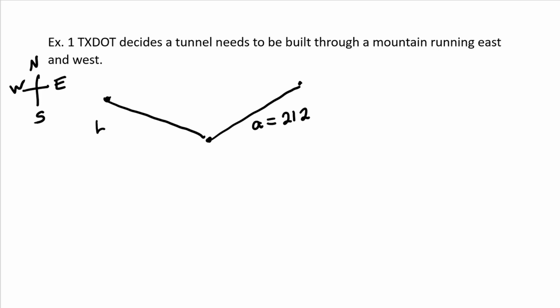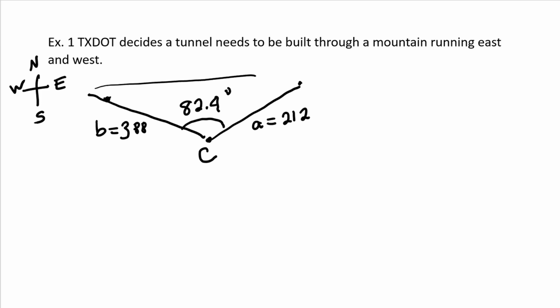Going west, we'll call that B, and that was 388 feet. The line of sight from where he stands, we'll use the letter C for that angle, and that'll be 82.4 degrees. And what we need to do is find the length of the tunnel, which would be the distance little c.